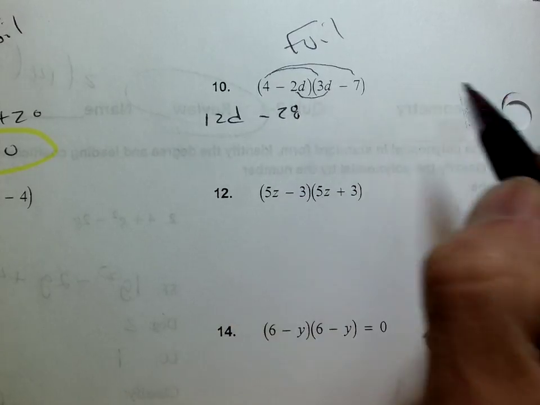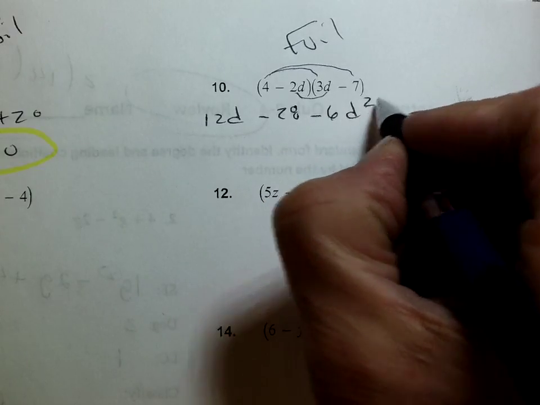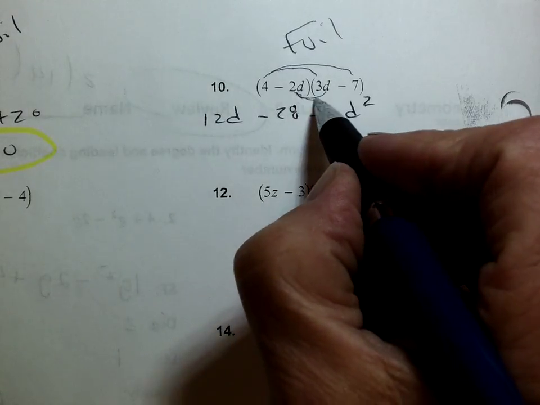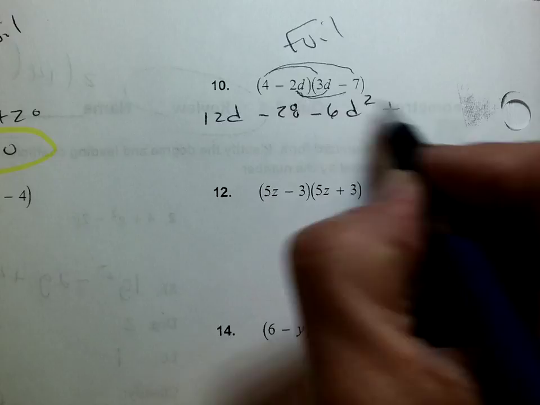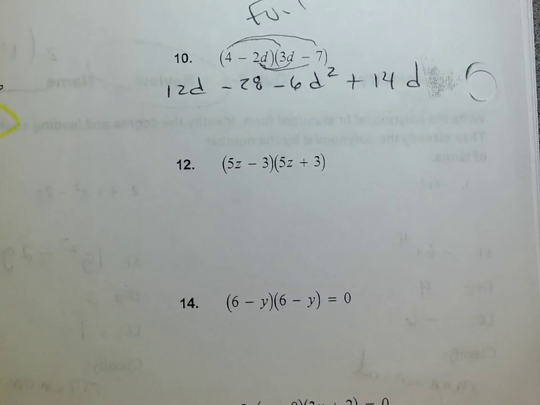Negative 2d times a 3d is a negative 6d squared, because d times d is d squared. And negative 2d times negative 7. Negative times negative is a positive 14d. Yeah, those two like terms together. There you go, Ben. I should let Ben do the teaching.